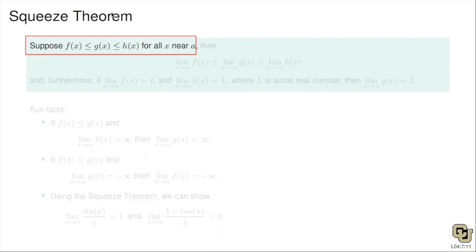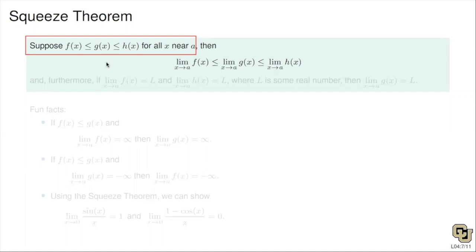So here's the hypothesis. Suppose we have three functions, f, g, and h. And suppose f of x is less than or equal to g of x, which is less than or equal to h of x for all x near a. That's the hypothesis. If that's true, then here's conclusion number one. The limits of the functions will also satisfy the same inequality.